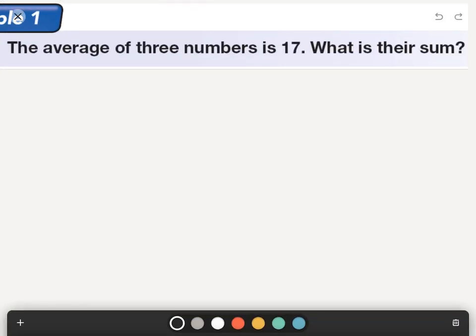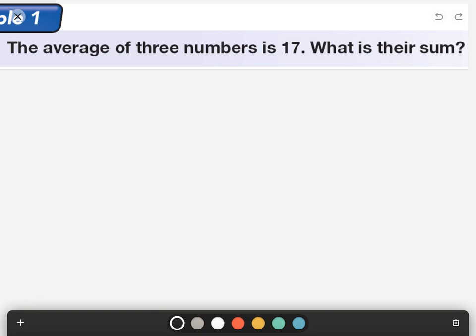So I might try to go through these first 2 sort of quickly because they are quite simple and we're just applying the concept to the next examples. So the average of 3 numbers is 17. What is their sum? Well, if the average of them is 17, then what are a couple of combinations that would work for this?